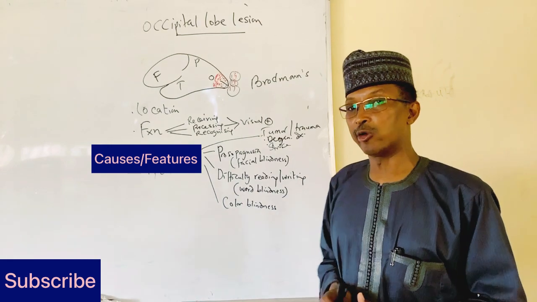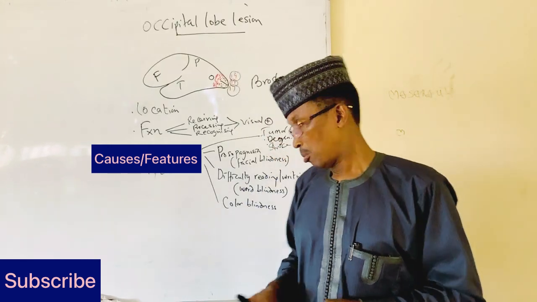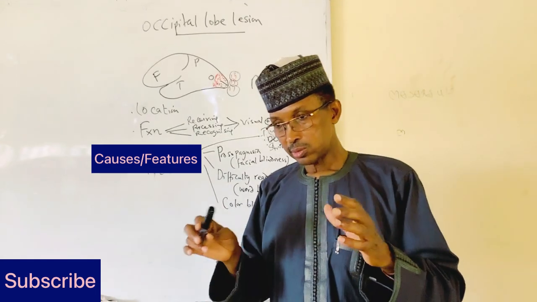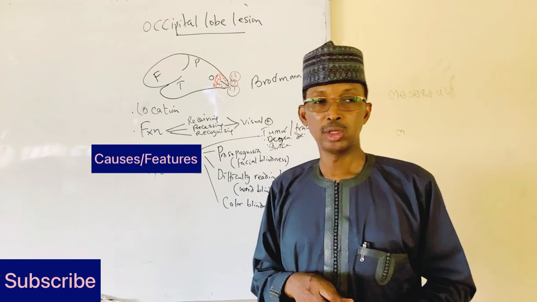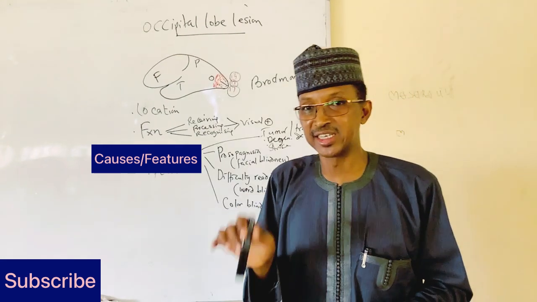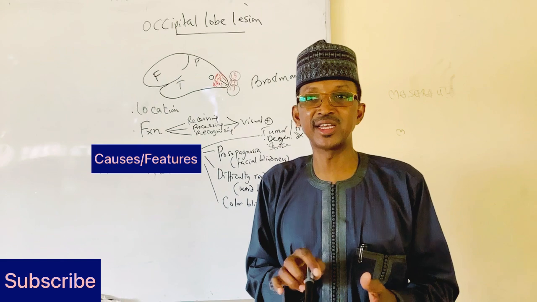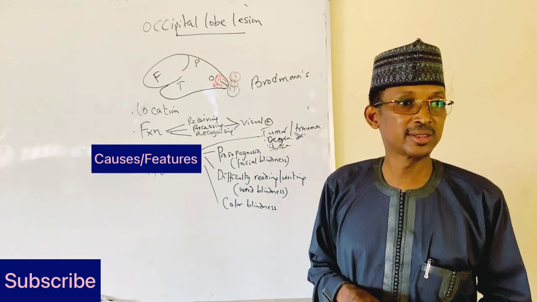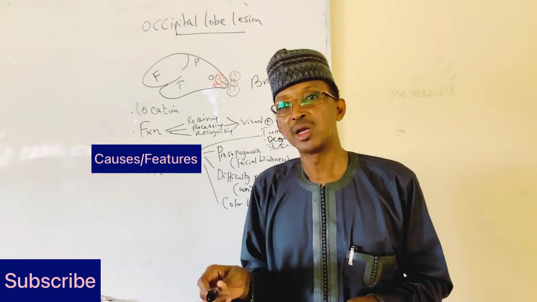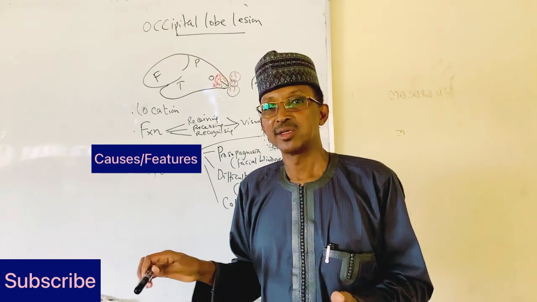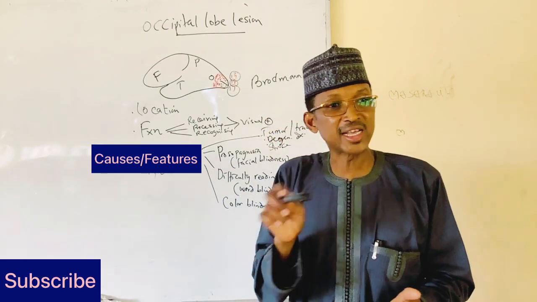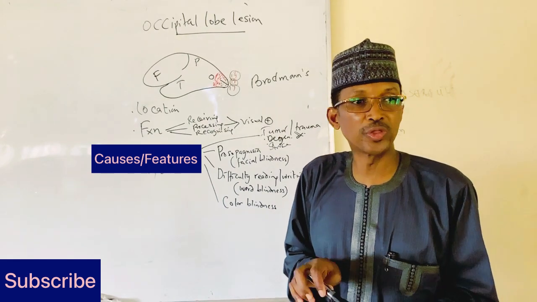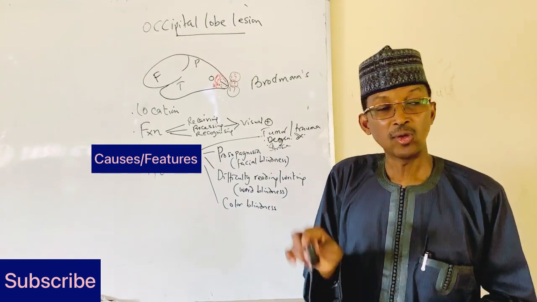Similarly, somebody with that kind of lesion in the occipital lobe may have difficulty in reading or writing. If you give him a book to read, even though he has seen the words, he has seen that this is A, B, C, D, whatever, he is not able to read it. If you write his name, say, my name is Salamatu, for example, she has seen that name, and it is her own name you have written, but a person with that lesion will not be able to recognize what is written.